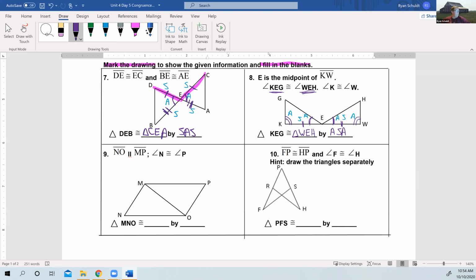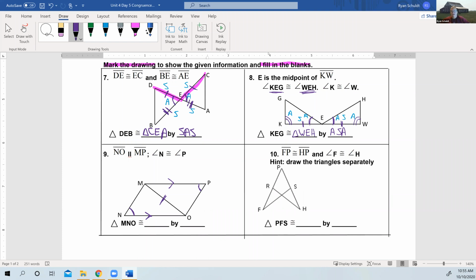Okay, next one. They say that NO is parallel to MP, so I'm going to mark that. Angle N right here is congruent to angle P right there. And they share a side, so that side's automatically congruent.